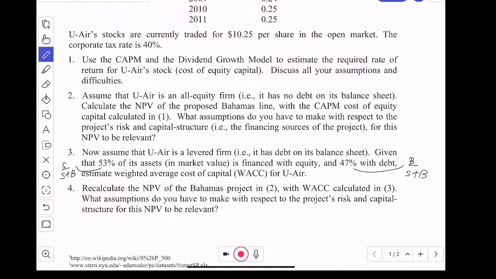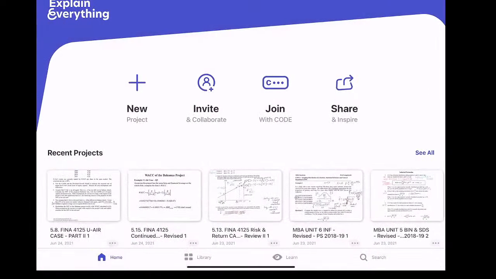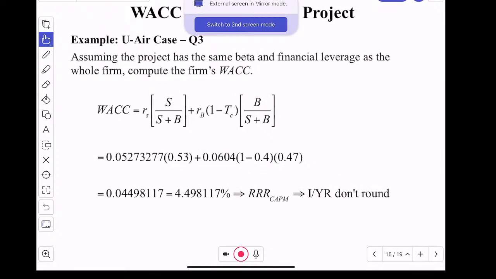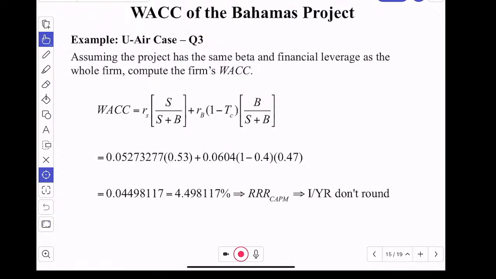So what does that give me? That gives me this amount, 43, you see, 47. The tax rate was 40%. This is the yield to maturity for the debt, and this was the return to equity we computed using the capital asset pricing model.